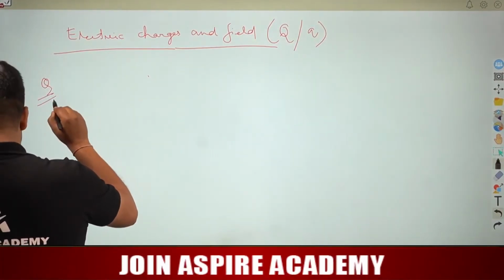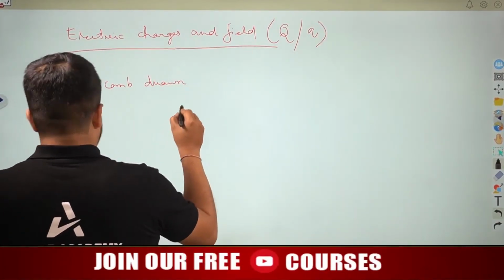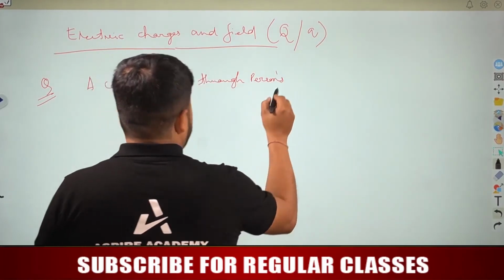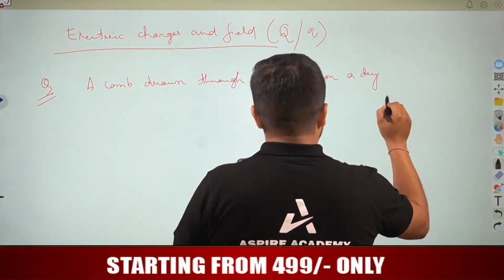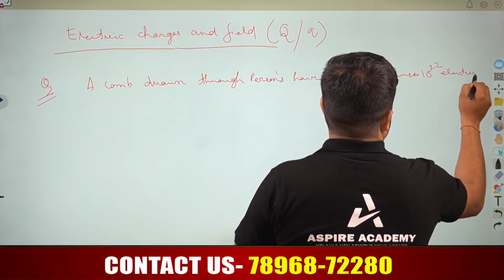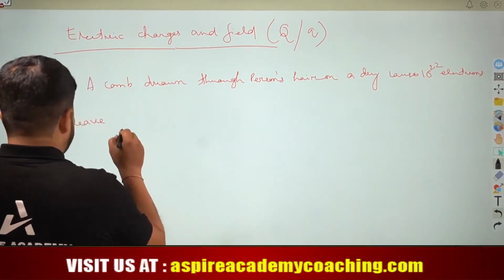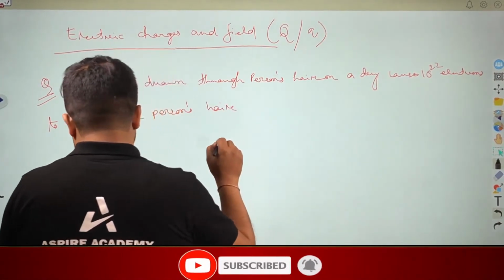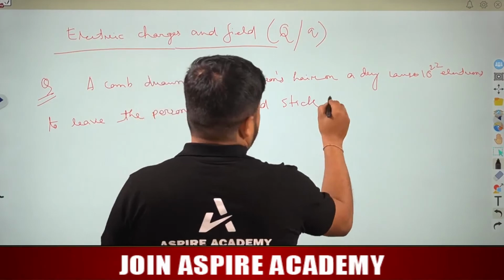Question number 1: a comb drawn through a person's hair on a dry day causes 10 to the power 22 electrons to leave the person's hair and stick to the comb.